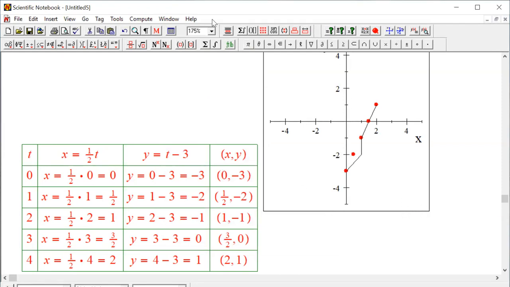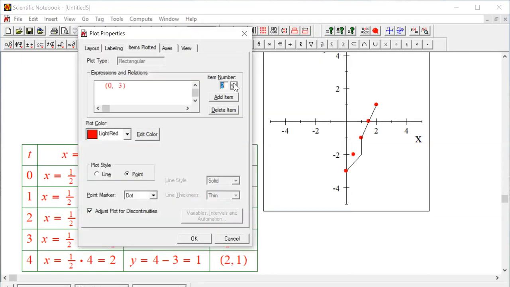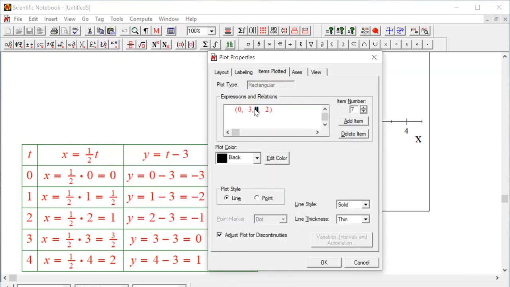That's why I see why I didn't have a straight line. So the first point with the second point should be half, negative 2.